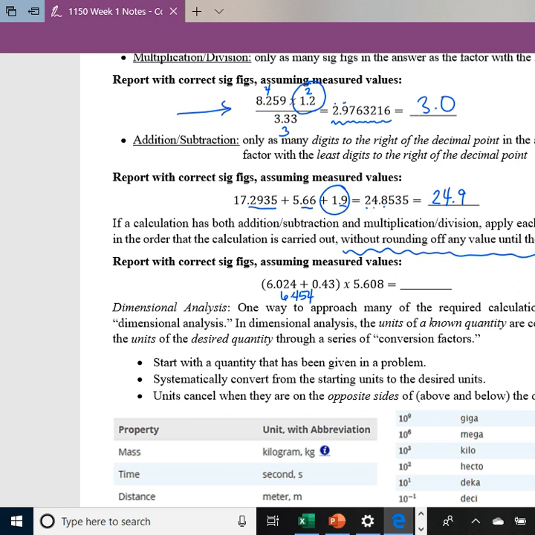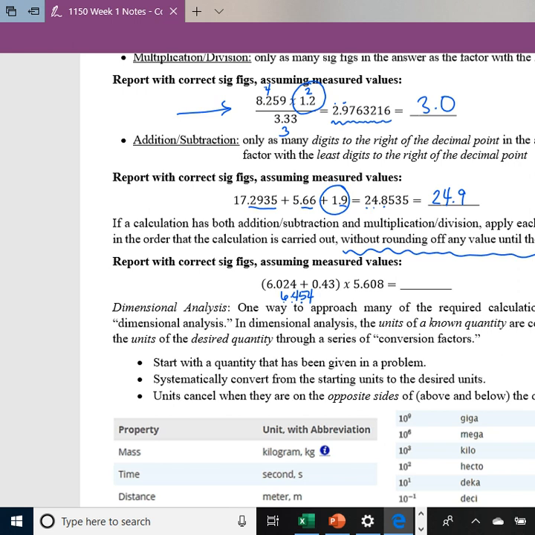But because the 0.43 is the least precise number, that means that my significant figures end with the hundredths position. So I only have 3 sig figs there. I'm not going to round it yet, but I'm going to remember that this number technically only has 3 sig figs.